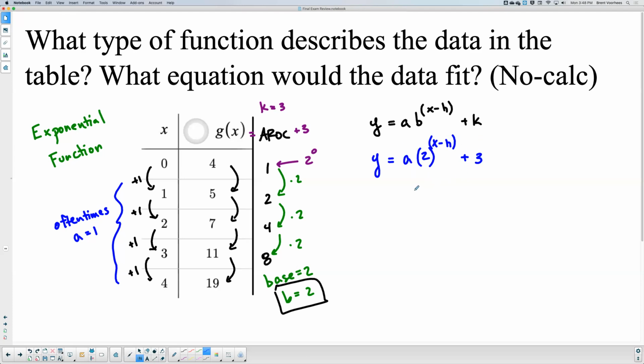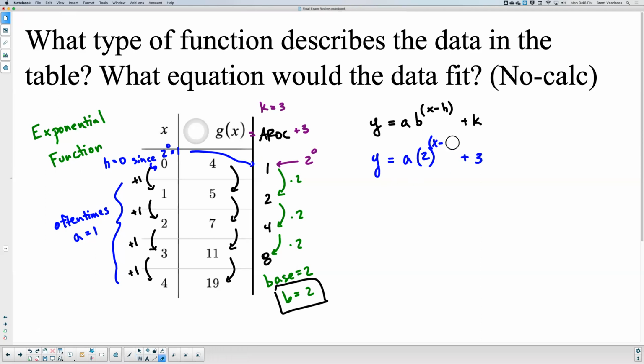Well, I plug in some points. One more thing: h is 0. How do I know h is 0? Because this is 2 to the 0, which is this value, equal to 1. Since these two matched up, h equals 0, since 2 to the 0 equals 1.